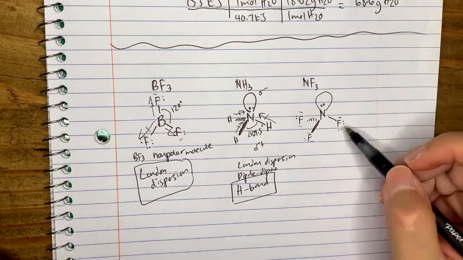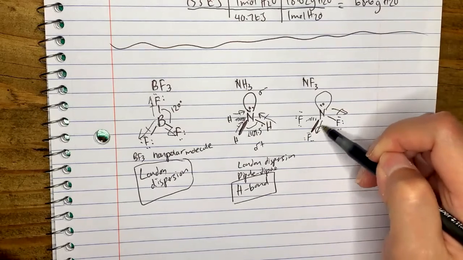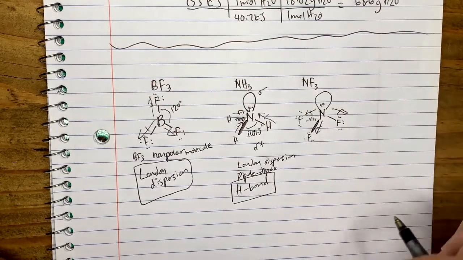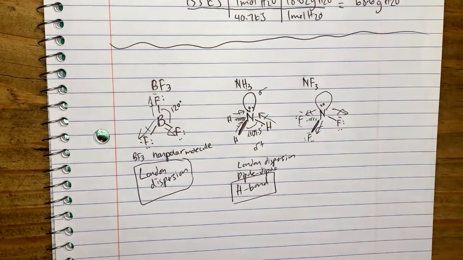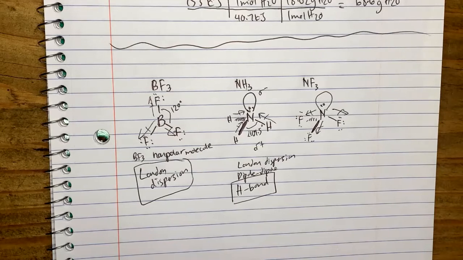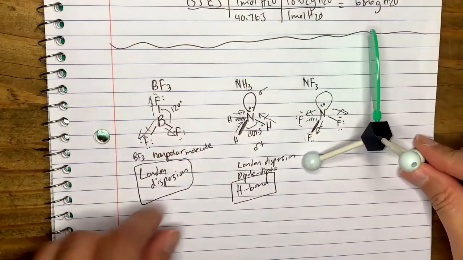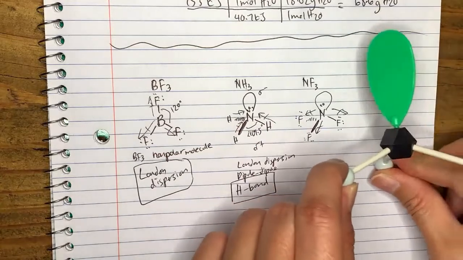Once you have this here, you're like, well, look, it's the same thing. Now, in this case, N is pointing downward. Everybody is pointing down, towards the pyramid, because it's a trigonal pyramidal shape. So NF3 and NH3 have the same geometry right there.